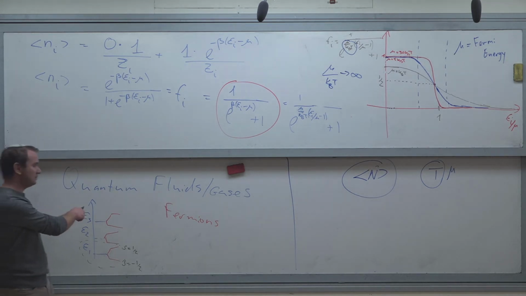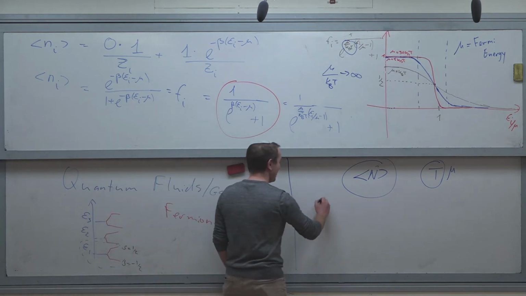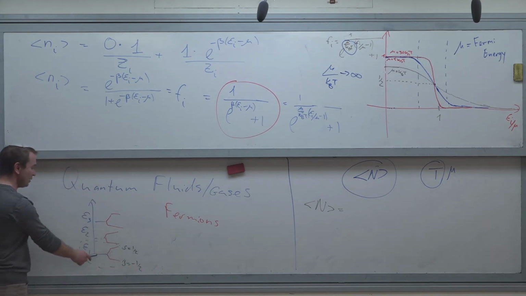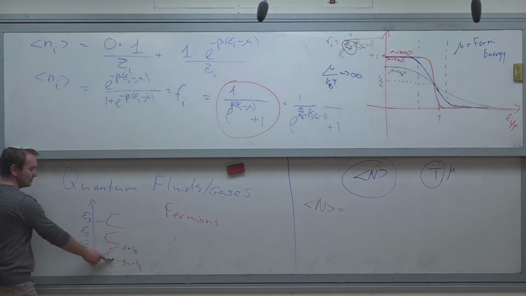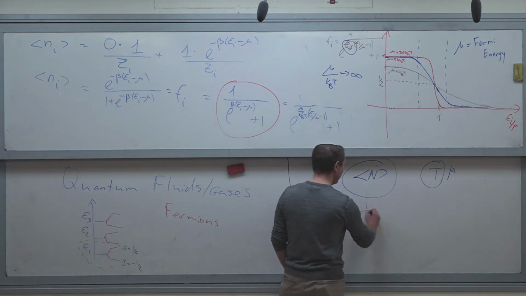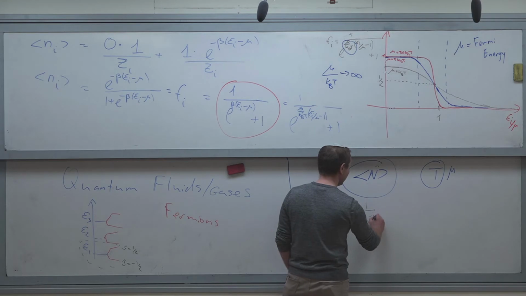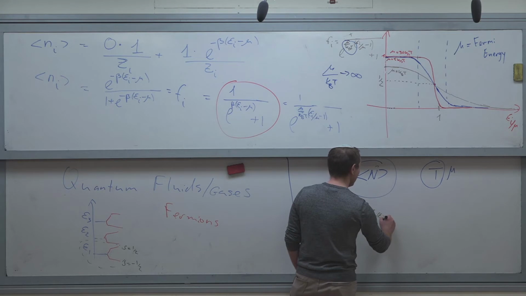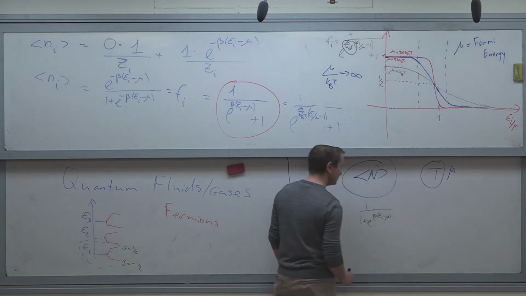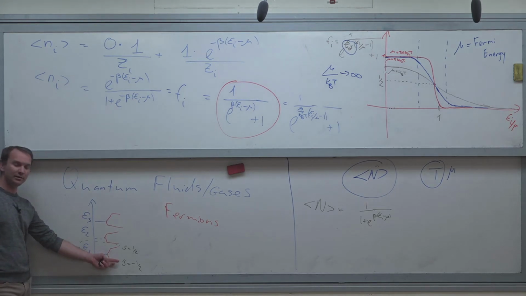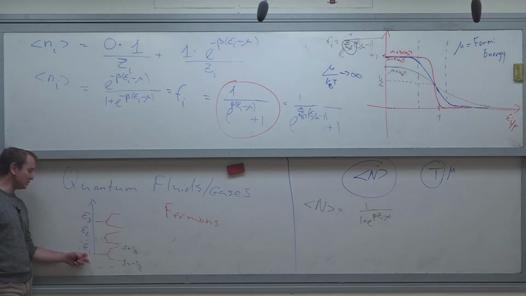So for this system, average n is the average number of particles sitting in this state, which was 1 divided by 1 plus e to the power beta times epsilon 1 minus mu, plus the average number of particles sitting in this state, with energy epsilon 1 and spin 1/2 instead of minus 1/2.